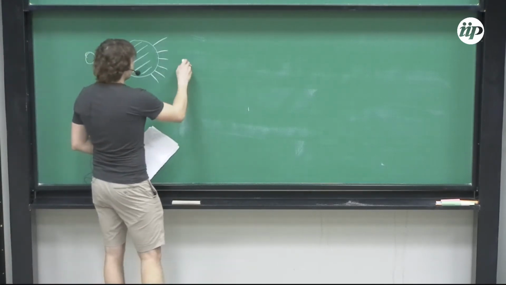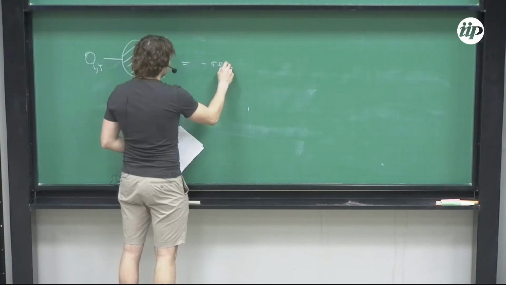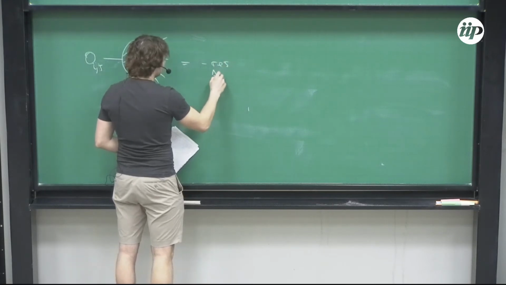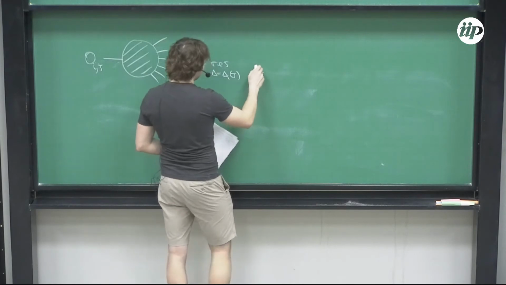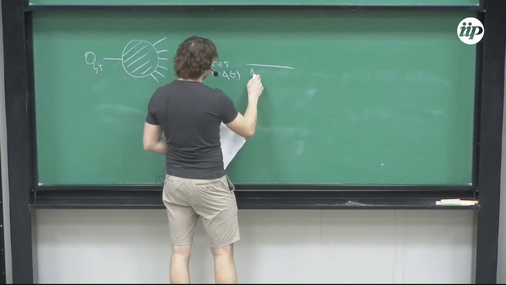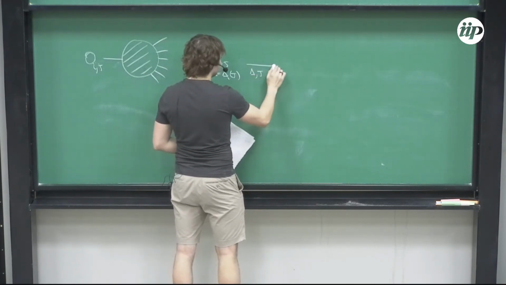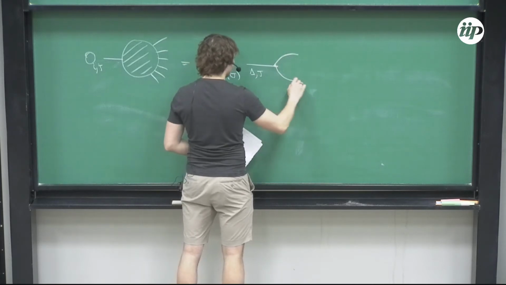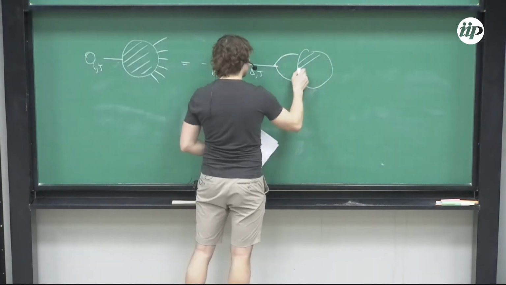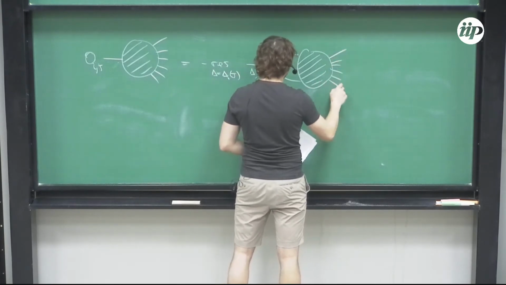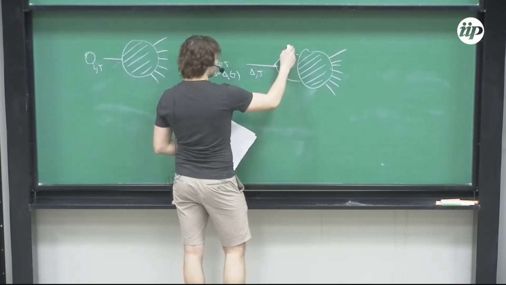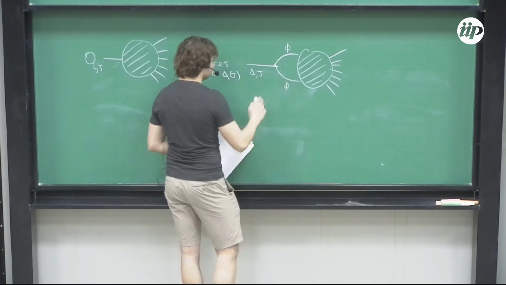Then we can write this as minus the residue at delta equals delta i of j of this integral, where these two legs are just some two scalars phi.